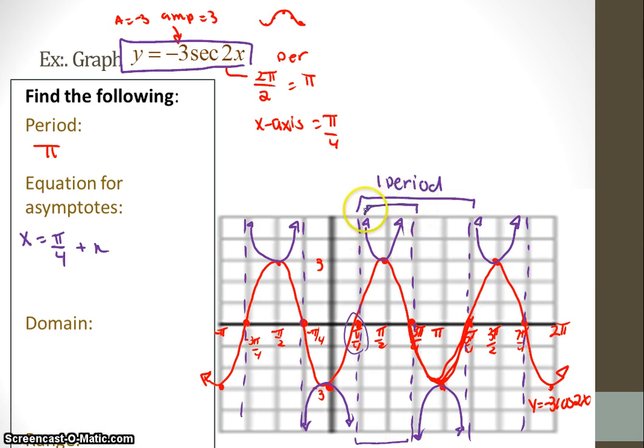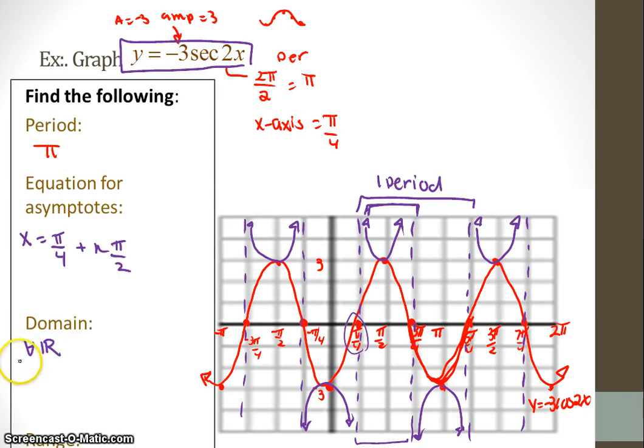It's always going to be half of a period. So this is the distance between the asymptotes, which is from pi over 4 to 3 pi over 4, which is pi over 2. So that's going to be the equation for the asymptotes. So then now we're going to find the domain. The domain is always going to be all real numbers.